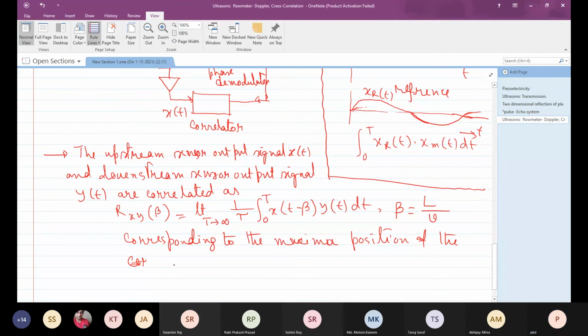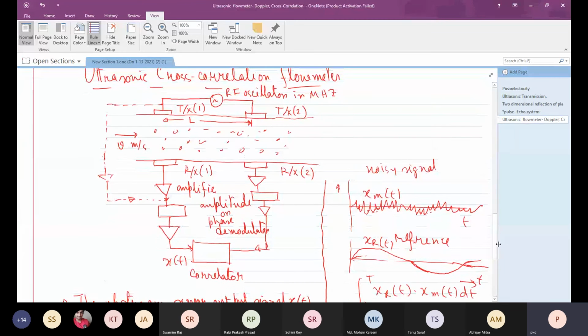Excuse me, sir. Sir, Y(t) is the other signal entering the correlator? Yes, because to correlate we need two signals. Cross correlation we are doing with two signals. So which is Y(t)? This is Y(t).